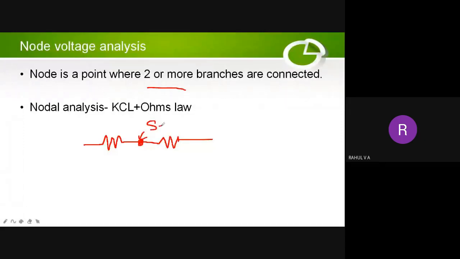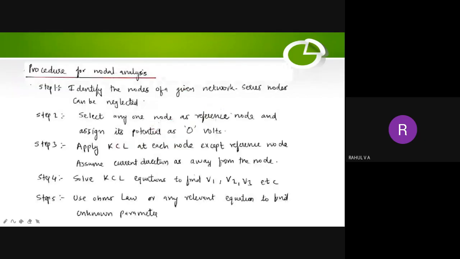So you can neglect that. If only two branches are connected to a particular node, you can neglect that node while doing nodal analysis. So identify all the nodes in the given network, provided that three or more branches are connected to that particular node. Then identify the number of nodes.